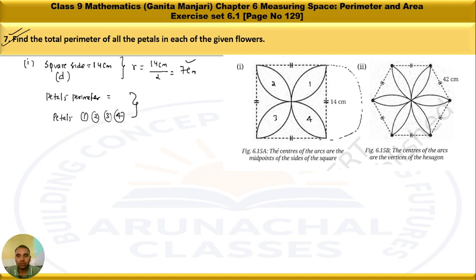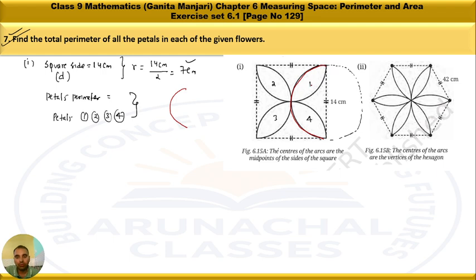So if I consider this petal from here, just showing it with a different color, you will be able to understand. Here we need to find that petal 1 and petal 4 have an arc. This arc length we need to find. Here it is this one, the first arc.